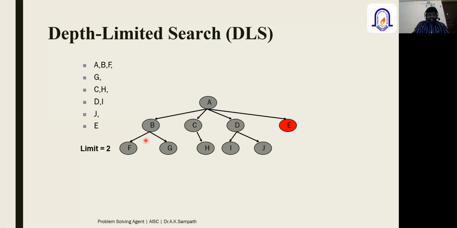So with this, we come to the conclusion that we visited all the nodes, the root node and its children present up to level 2. After visiting node E, this algorithm will report a failure, because the node which we wanted to visit does not lie within the limit we restricted. What was the goal node which we wanted to visit?